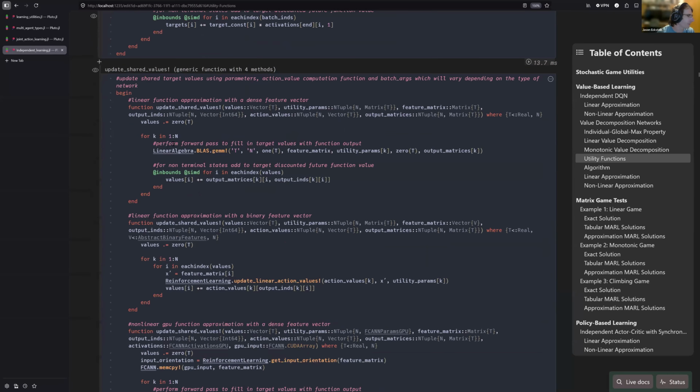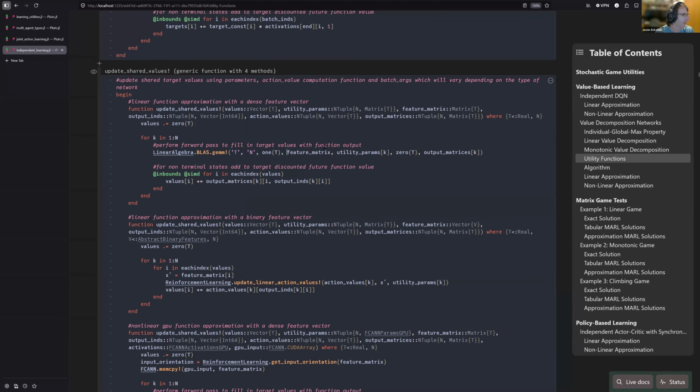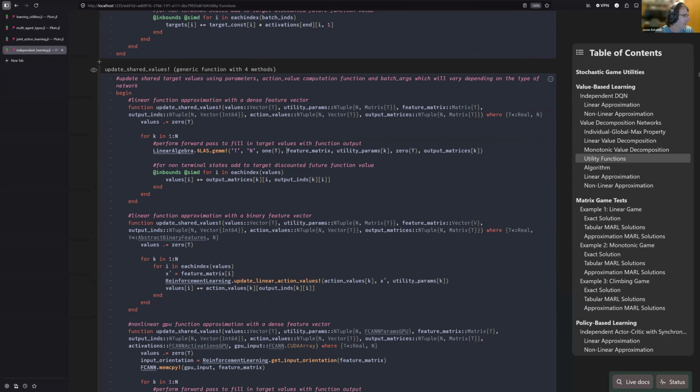This looks very similar again, but the only difference is that instead of doing the maximization, we have the forward pass, but then there are the output indices relevant to those particular examples. So we're adding the action value from this output for just the actual action that was selected.